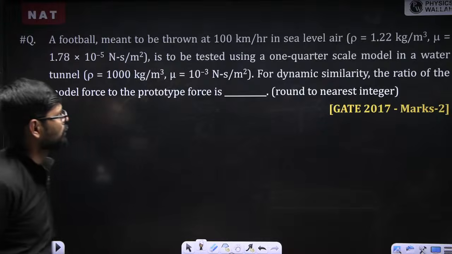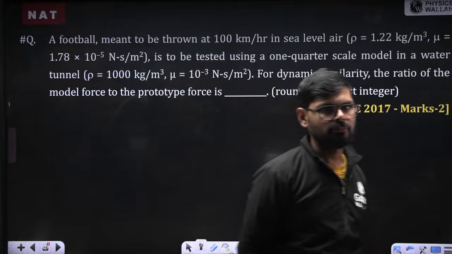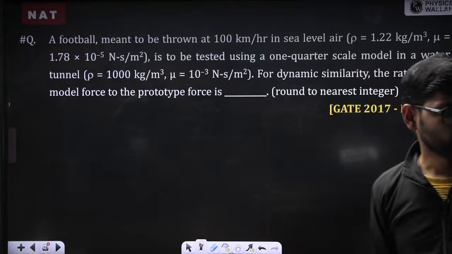Okay, solve this problem. Everyone solve this problem.